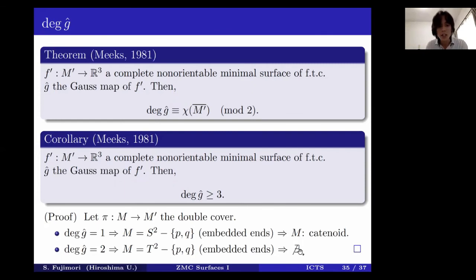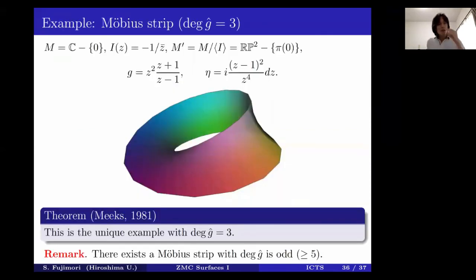So one can easily check. And Meeks constructed a Mobius strip. So this has degree G equal to 3. And Meeks showed that this is the only non-orientable minimal surface with degree equal to 3.